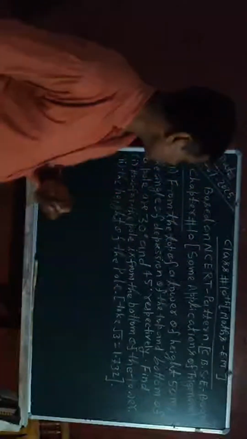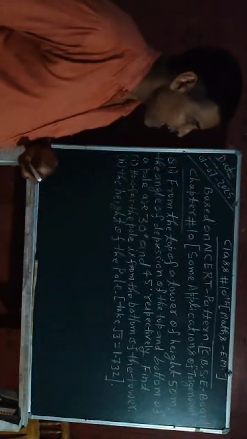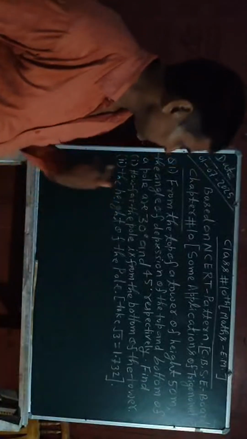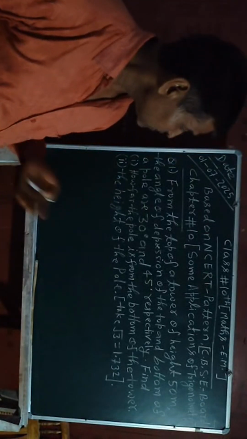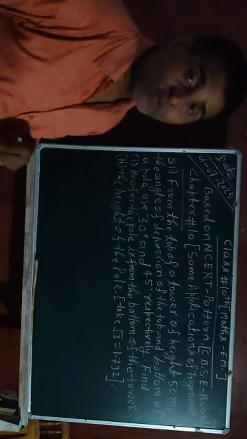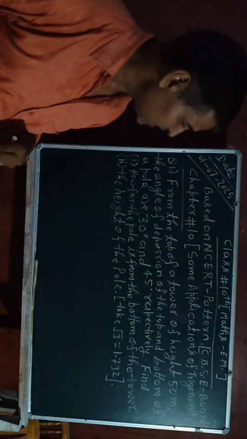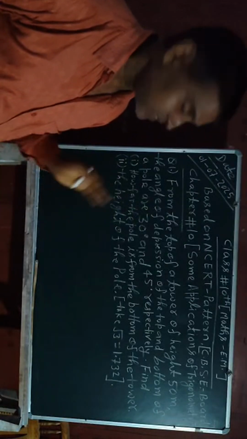First of all I am going to read the written portion and explain its geometrical meaning, and then according to the data I will draw the diagram, and after drawing the diagram I will solve this question.